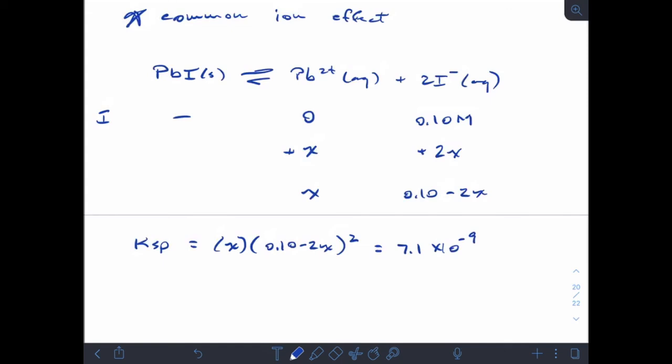All right, we go through the math, and what we can do for ourselves is assume that x is small, right? Because if we compare 0.1 to 7 times 10 to the minus 9, we can assume this change is small.